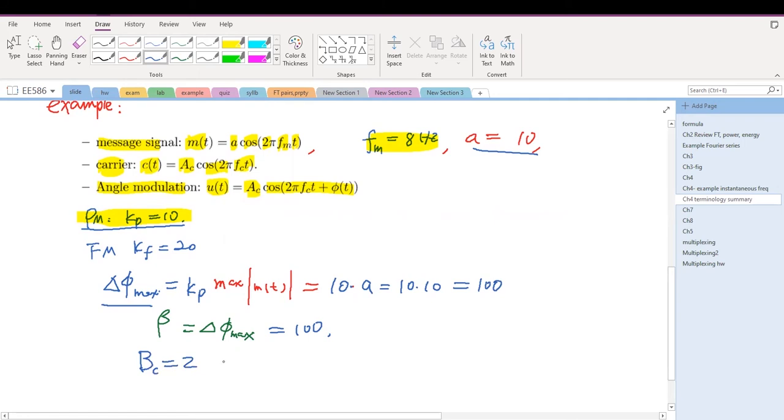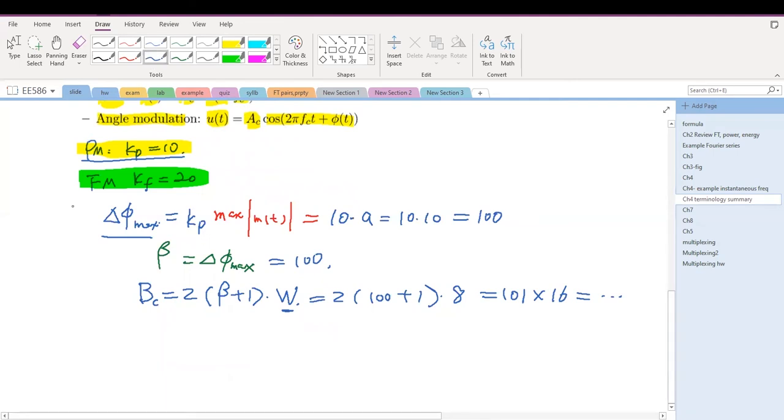According to Carson's rule, it is 2 times (beta plus 1) times W, where W is the bandwidth of the message. The bandwidth of the message is fm, which is 8. So 2 times (100 plus 1) multiplied by 8. That's 202 multiplied by 8, which is 1616. This is for PM.